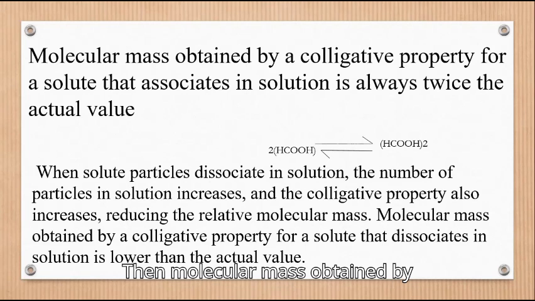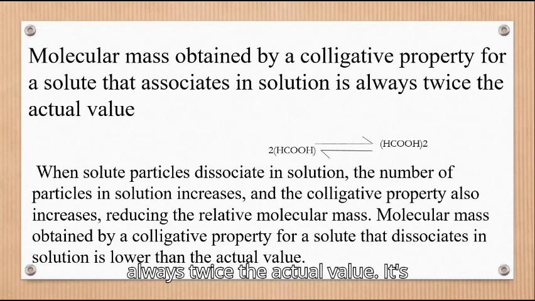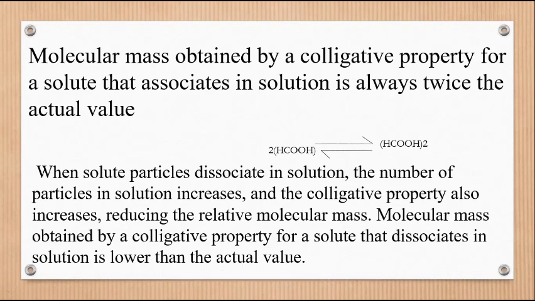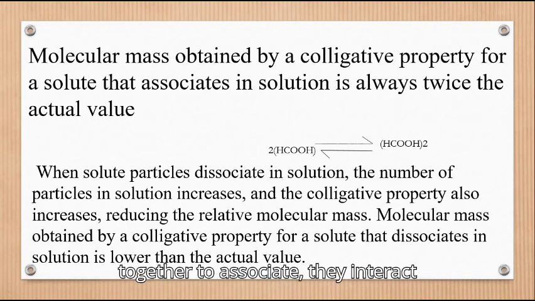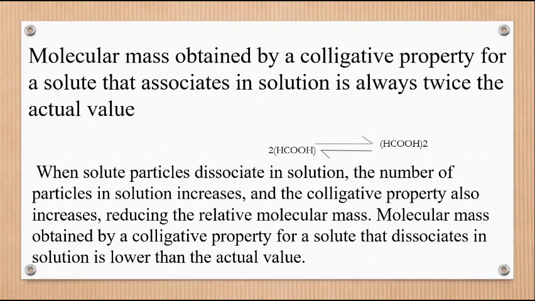Then the molecular mass obtained by colligative property for a solute that associates in solution is always twice the actual value. It's because of the combination of each of the molecules. The molecules come together to associate, they interact, forming bigger molecules.